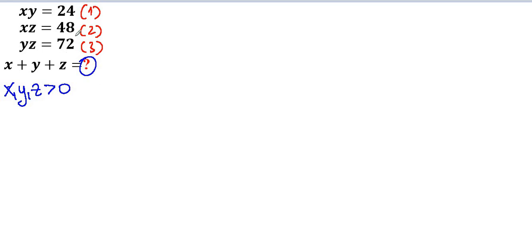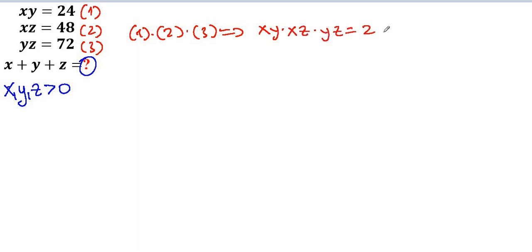So if I multiply the three equations, then I will get xy times xz times yz is equal to 24 times 48 times 72. And we see that x times x is x squared, y times y is y squared, and z squared is equal to, so let's try to get a perfect square from the right hand side.